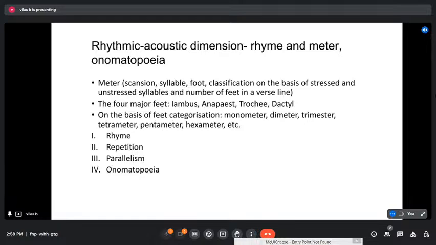So there are 5 feet which carry the pattern. We call it iambic pentameter. So how are meters determined? We have to scan the verse line, divide it into syllables, and then find the stressed and unstressed pattern.